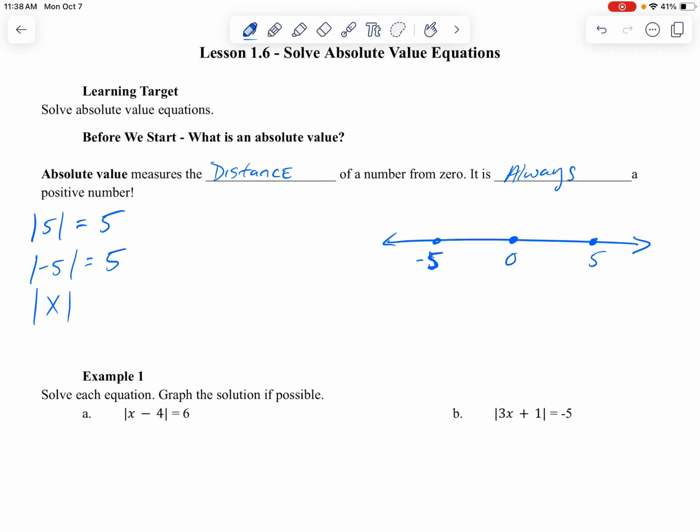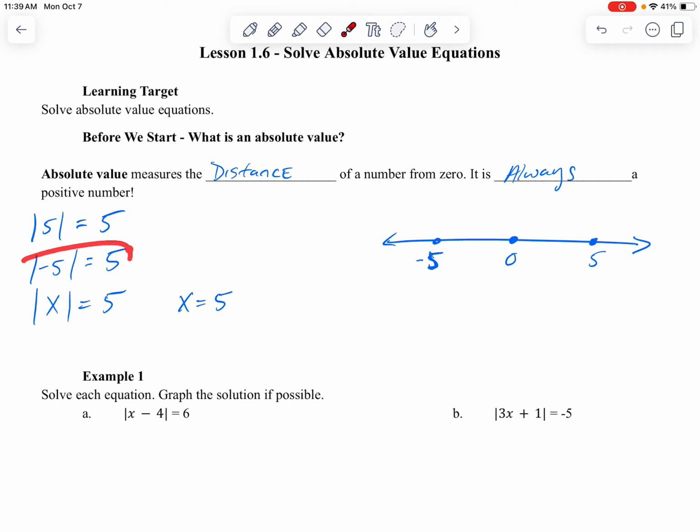Because if I think about the absolute value of x, so say the absolute value of some number x is 5, well then what are the possible values of x? We have two different options here, and we kind of looked at these already. One option is 5. The absolute value of 5 is positive 5, so it is possible that x is 5.